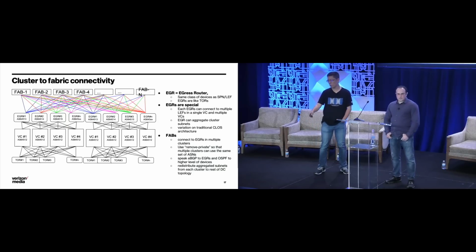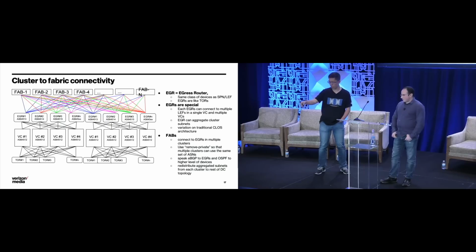These EGRs run eBGP to the fab layers above. And on the fab devices, we use remove-private so that EGRs of multiple clusters can use the same ASN. They redistribute these aggregates from each of these clusters into the internal IGP, in our case OSPF, for the DC topology.